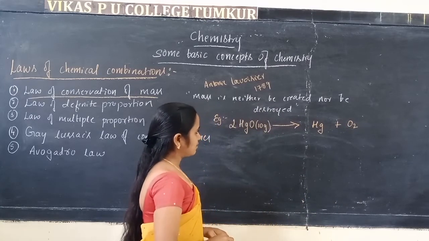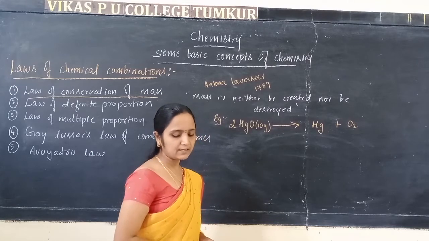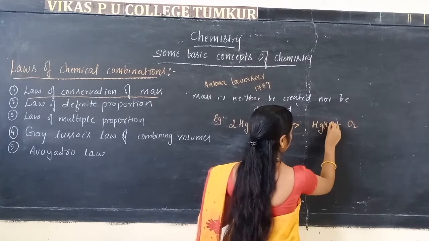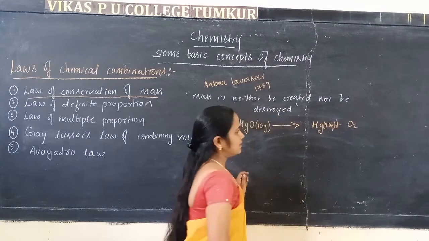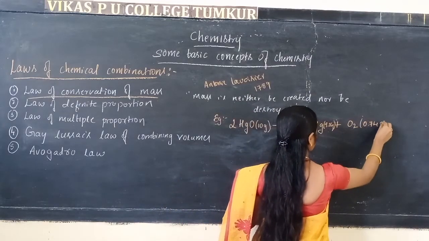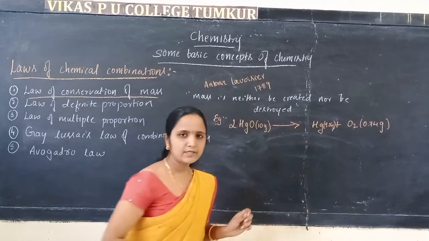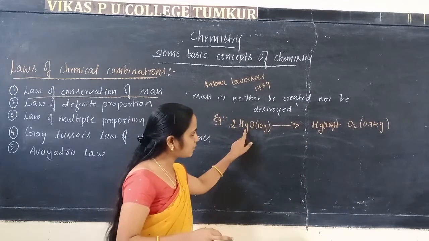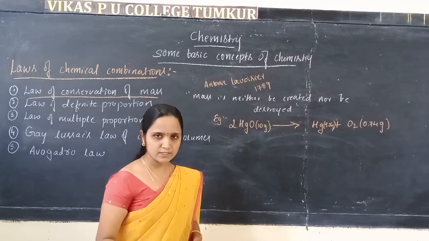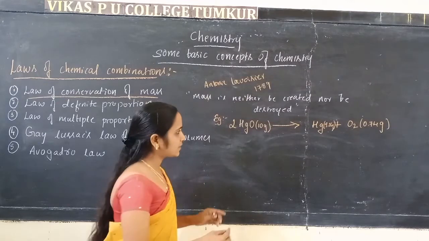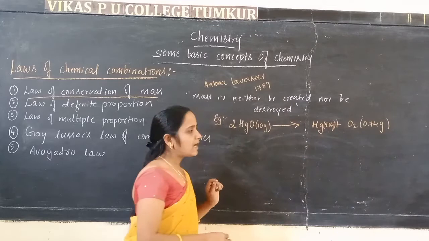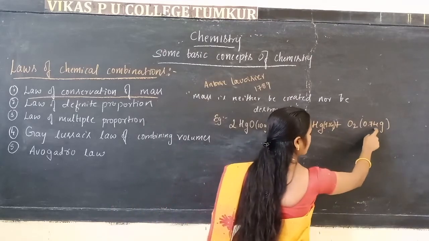Here the mercury is 9.26 gram and the oxygen is 0.74 gram. We can observe that when we decompose 10 gram of mercuric oxide, 9.26 gram of mercury and 0.74 gram of oxygen are formed.